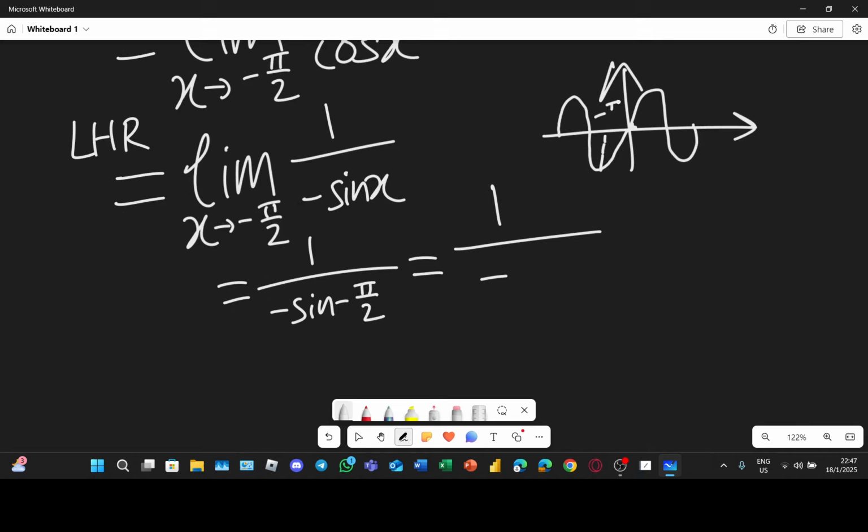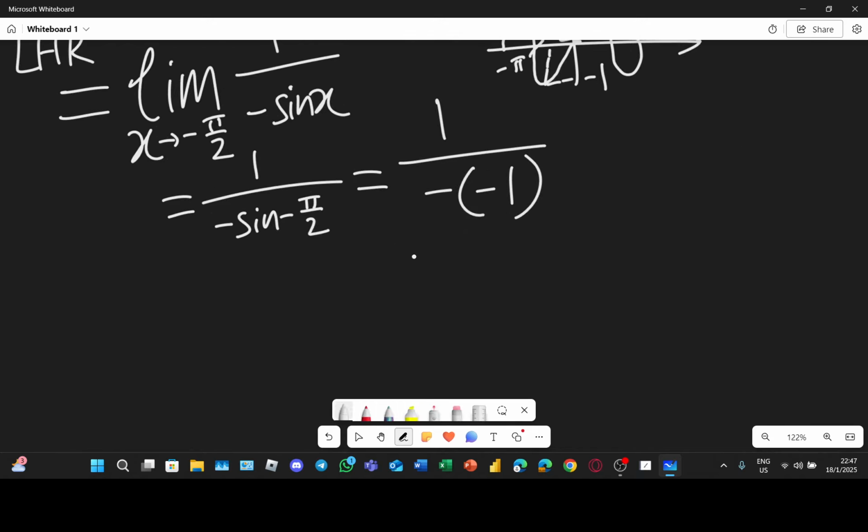This right here is negative pi over 2, and this is negative pi. Negative 1 and 1, since sine x oscillates between 1 and negative 1. So sine of negative pi over 2 gives us negative 1. And don't forget the negative sign over here. So eventually, what this will lead us to is 1 over 1, which gives us 1.